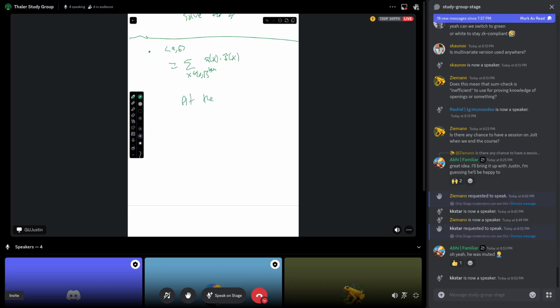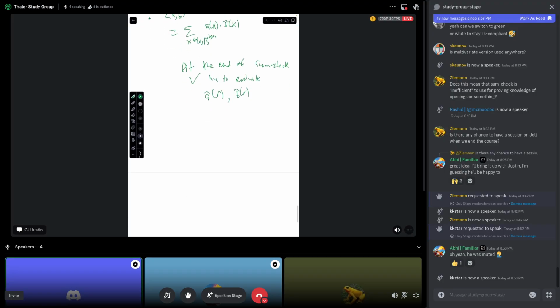Here's the key. At the end of SumCheck, everything's fast for the verifier, except the verifier has to evaluate A twiddle and B twiddle at a random point.